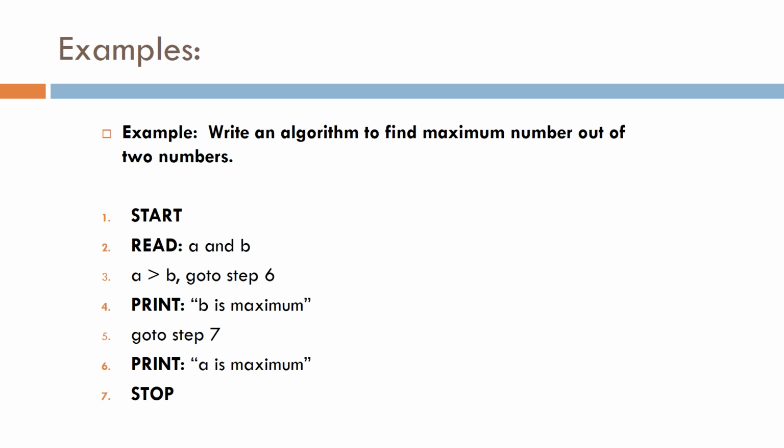So this is the way we can write our problem solution in a step-by-step manner. And you can also see here how we are using keywords like start, read, print and stop.